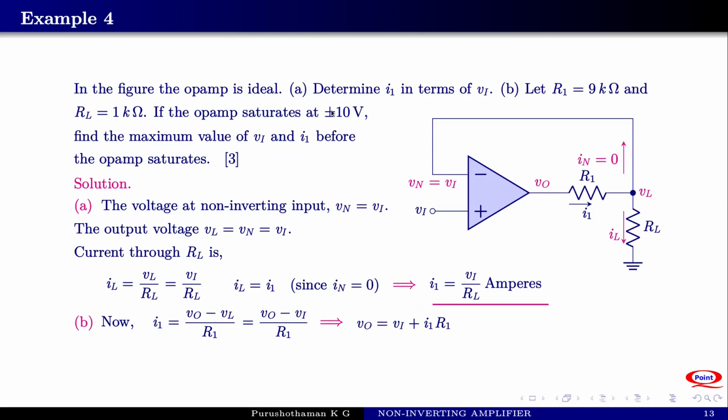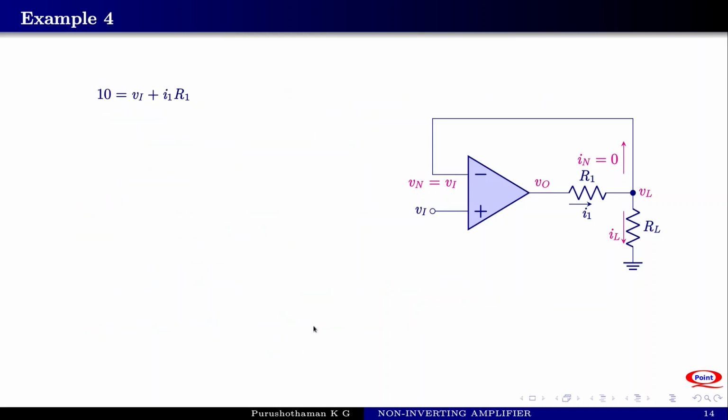Given the maximum value of VO is 10 volt, you can write 10 is equal to Vi plus I1 R1. So we can manipulate this equation like this. Our aim is to find the maximum input possible. So Vi is equal to 10 minus I1 R1, equal to 10 minus Vi by RL into R1.